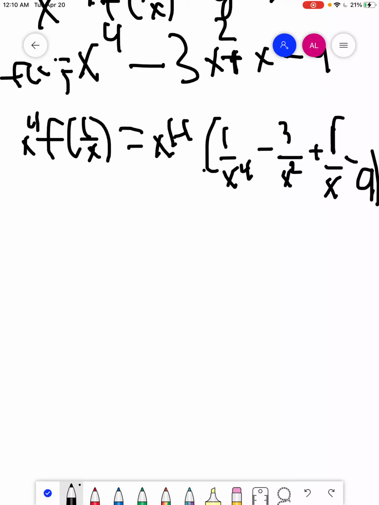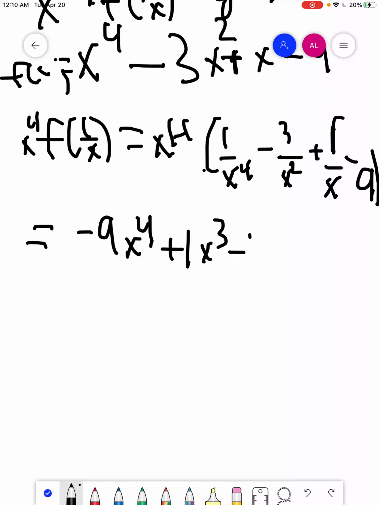This will be equal to -9 x to the 4th plus 1 x to the 3rd minus 3 x squared plus 0 x plus 1.